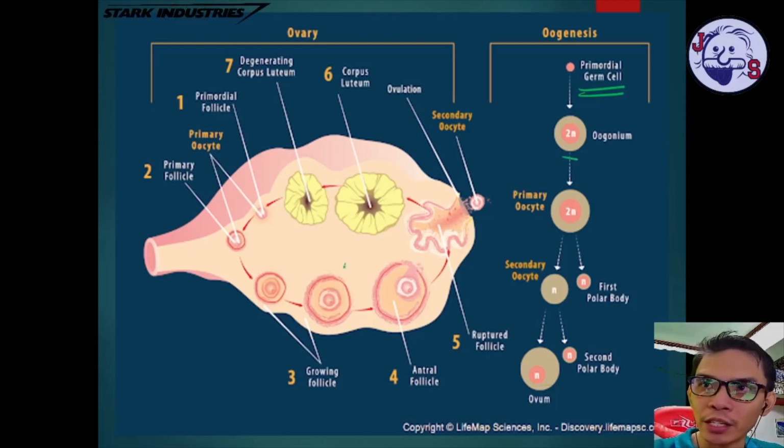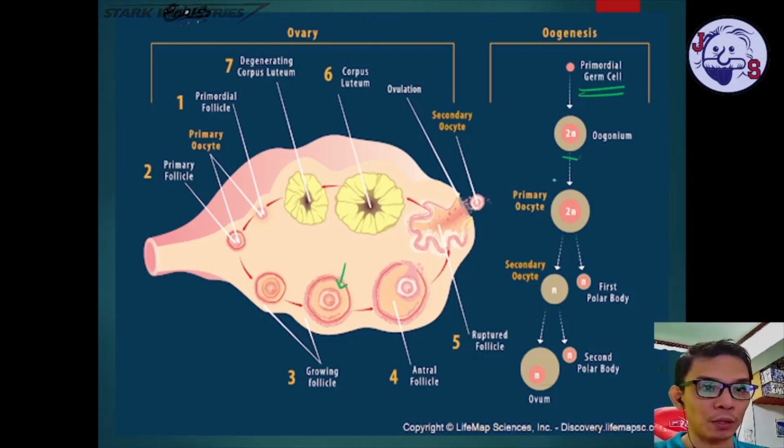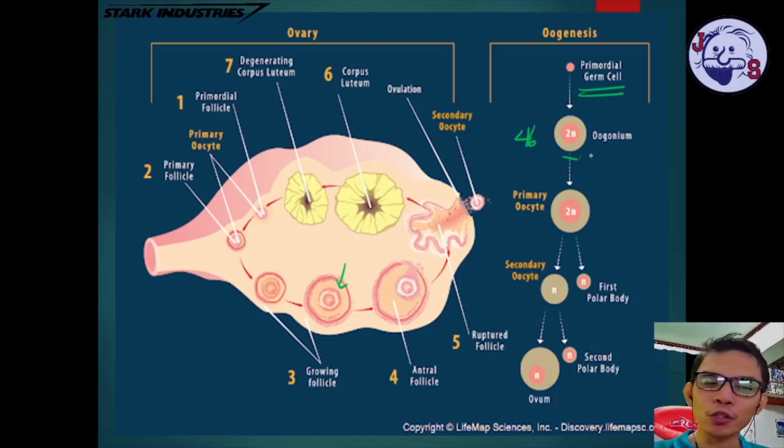So it is right here. This oogonium, if we are talking about a human body, contains 46 chromosomes. So the oogonium will further develop to become a primary oocyte.